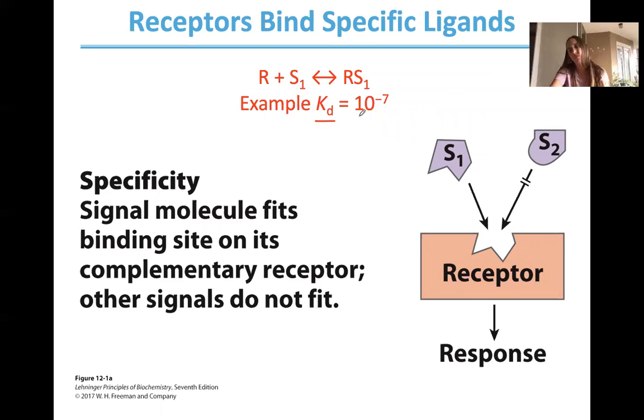So the smaller this number for a particular ligand, the higher the affinity and the more specific it becomes. So where do you want this number? 10 to the negative 7 molar. What is this? Millimolar, micromolar, nanomolar? What kind of concentration is this?